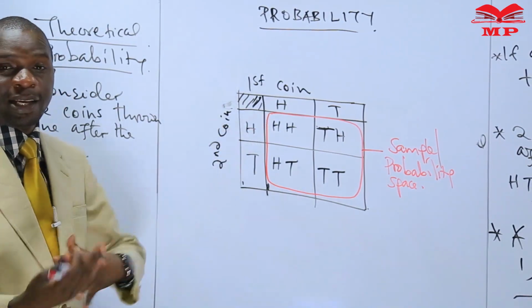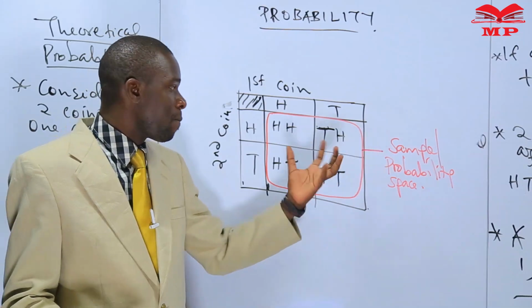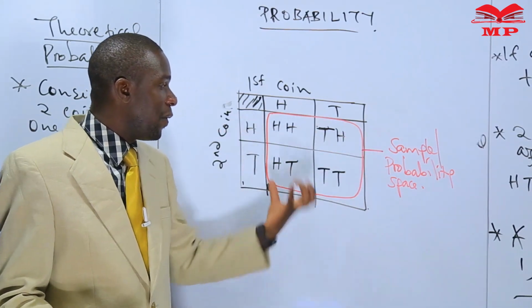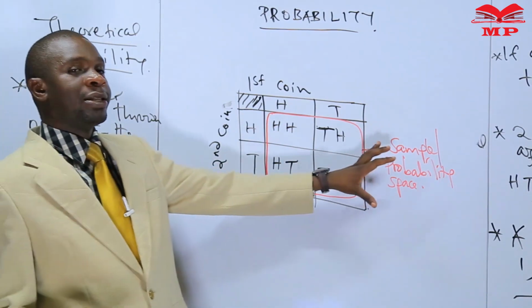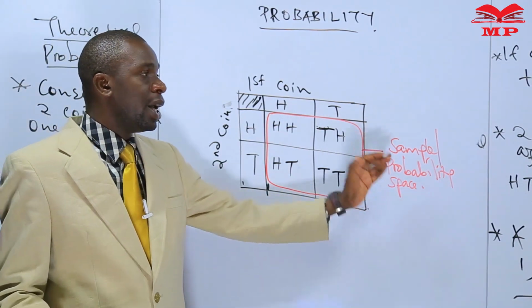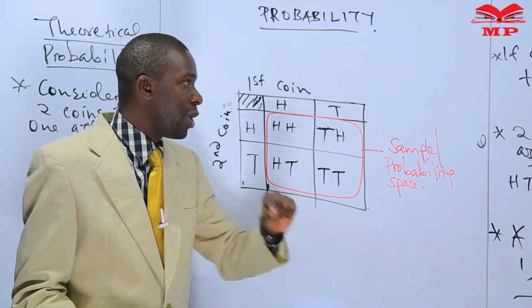Either a head or a tail is coming up. And we don't have to do an experiment for this. So we can get probability without having to do an experiment or have an experience.